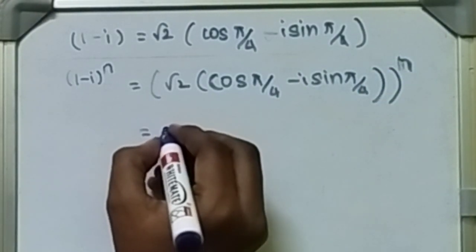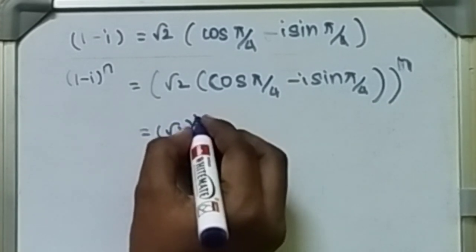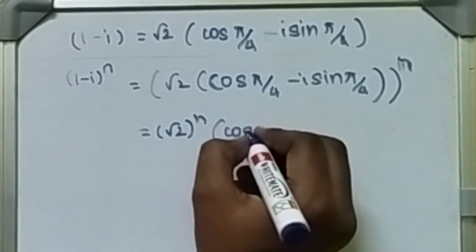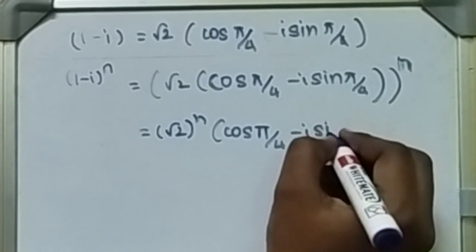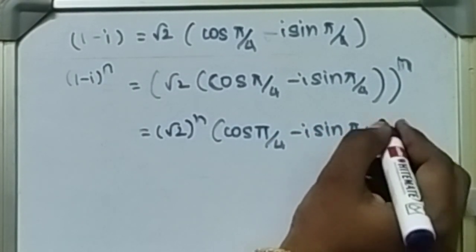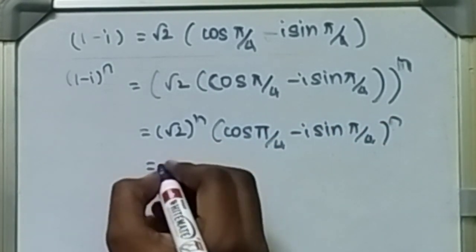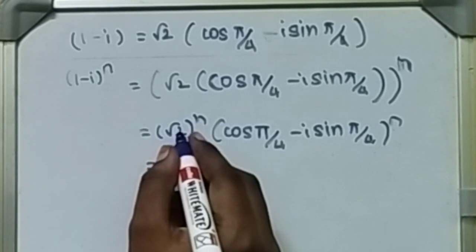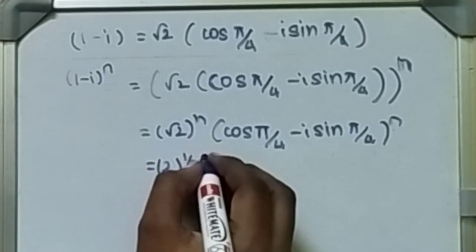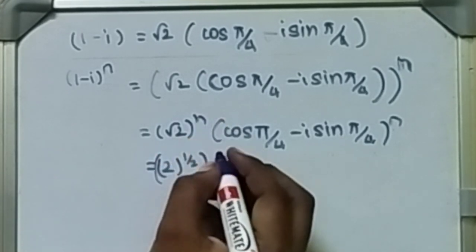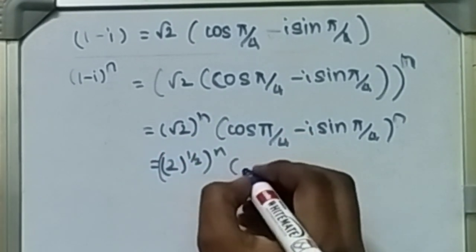So it will become root 2 power n, cos pi by 4 minus i sin pi by 4, power n. We can write root 2 as 2 power 1 by 2, and here we have power n. So it will be like this.